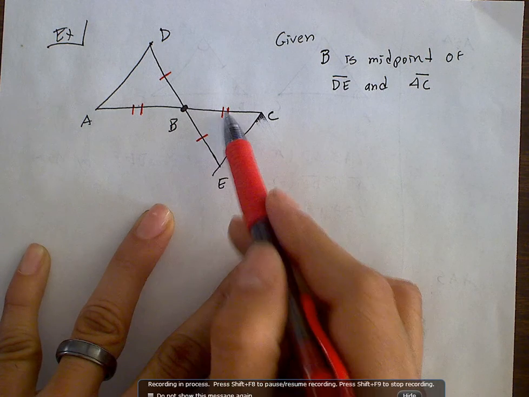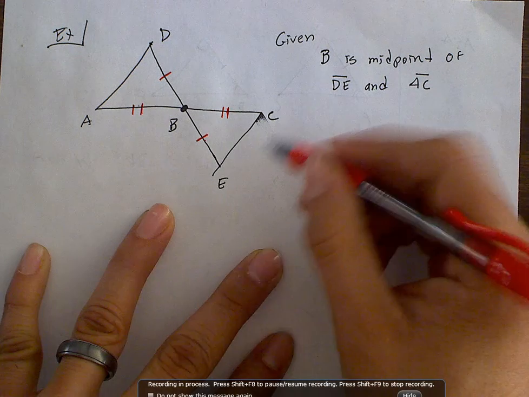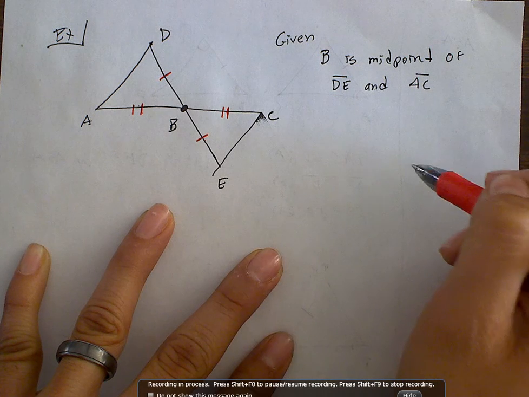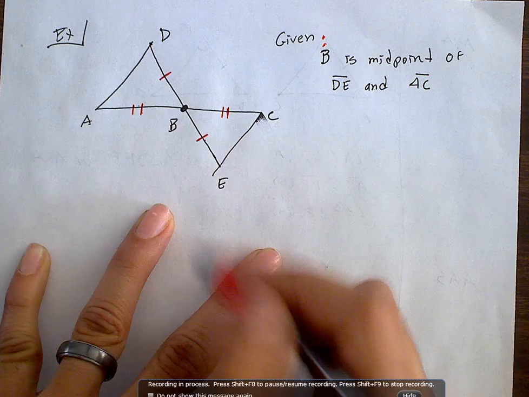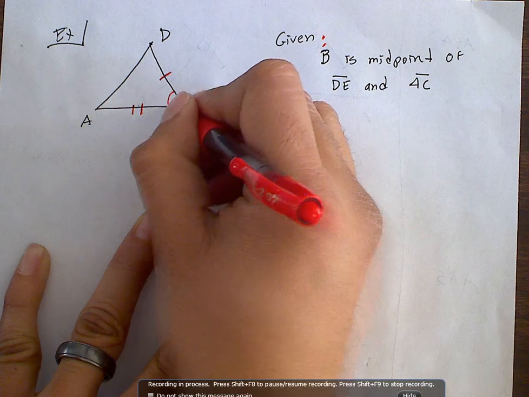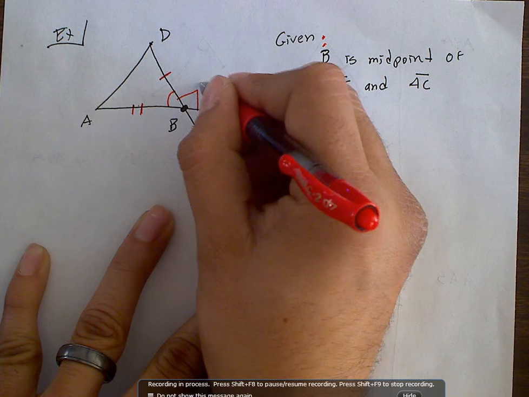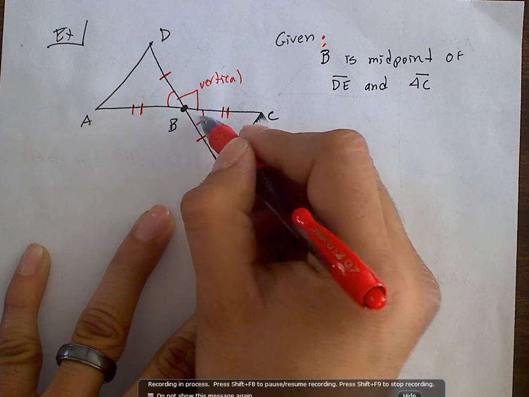So we can either go side, side, side. We can find a third side that is congruent, or we can find an angle if we want to do side, angle, side, right? So in this case, it's easier to find the angle because right here, those two angles are vertical angles, okay? And we know that vertical angles are congruent. So let's do this.